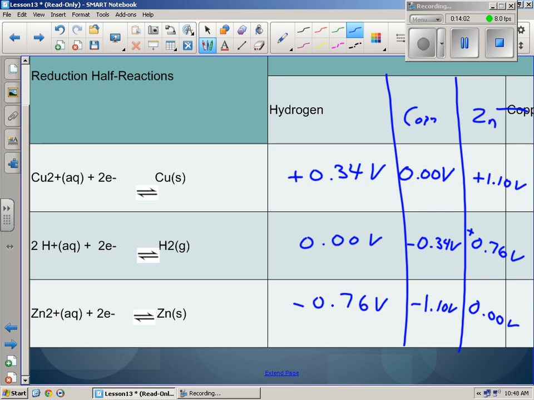Yes? Okay. So that's how you can adjust these tables, or basically these reference half cells, based on which one we want to be the reference half cell. It's not always going to be hydrogen, okay? In some cases, we want to compare it to a specific metal or whatever the case might be. And this is what we're going to do in the lab tomorrow.